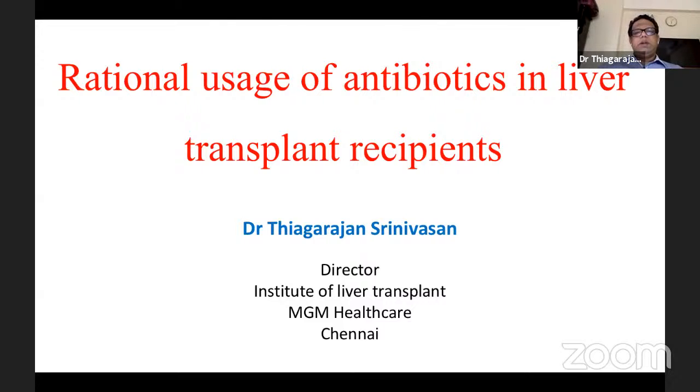So the knee-jerk reaction of every clinician, whether at the district level, state level, or city level, or a transplant clinician, is to use the most advanced antibiotic, the most number of antibiotics, and the longest duration possible, whatever the underlying reason, for fear of losing the patient.